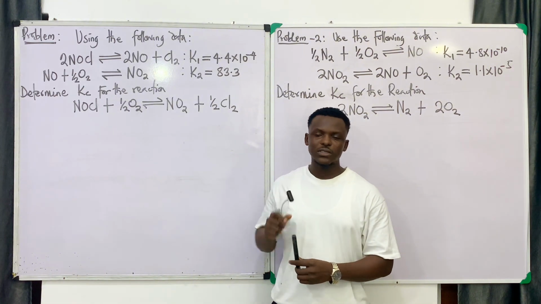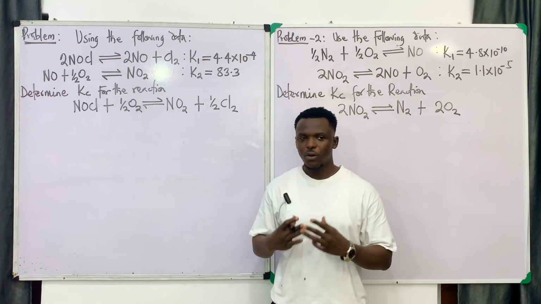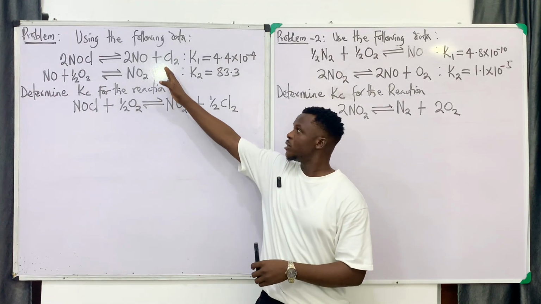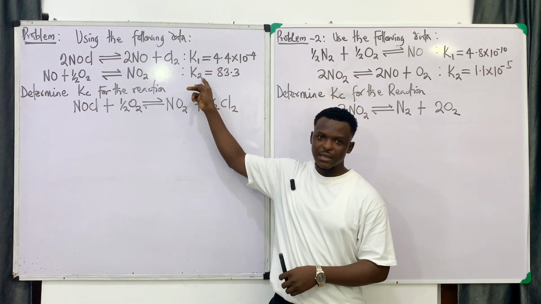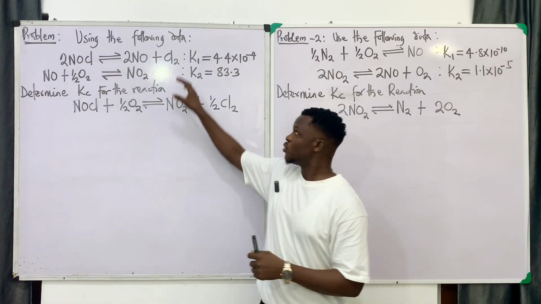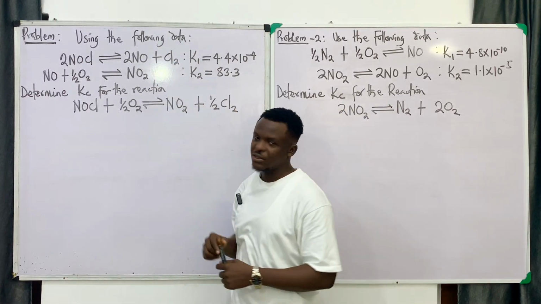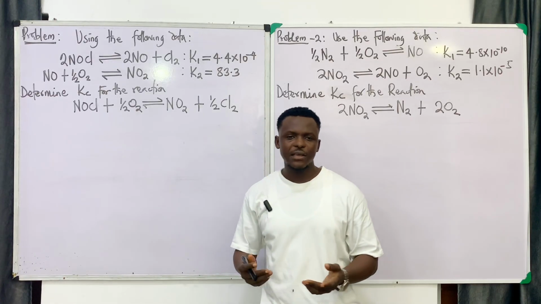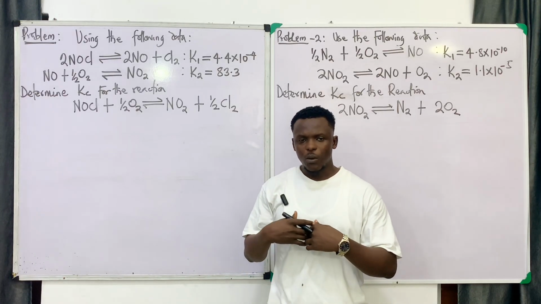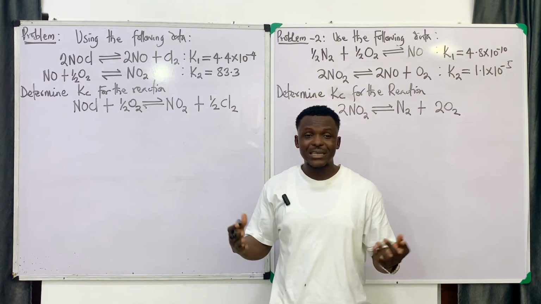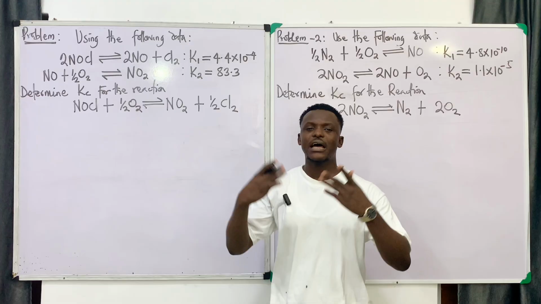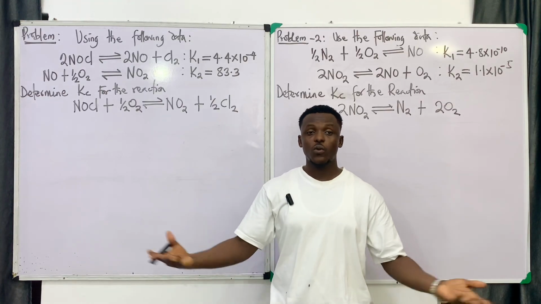Class, in multiple equilibria, as the name implies, they will always give you at least two equations with their constants, and then you'll be asked to use them to find that of the overall. They might even give you three equilibrium reactions with their constants, and you're asked to use those three to find another equation, making four equations.